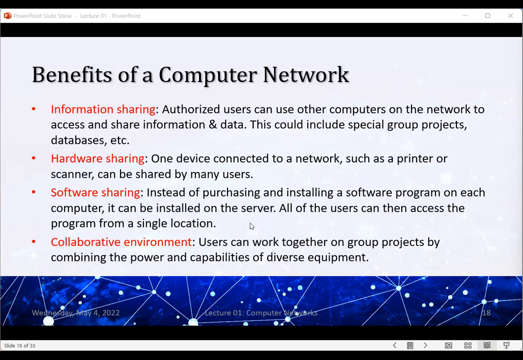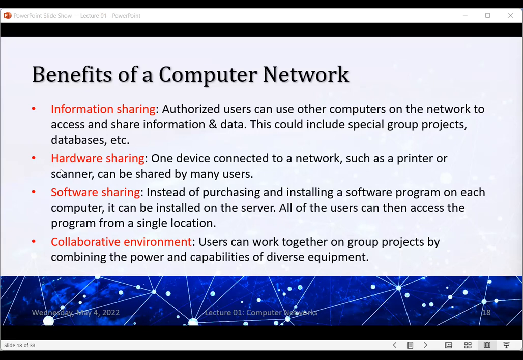That means in a computer network, authorized users can share information with the others. It may be sharing databases, it may be sharing files. Only authorized people can share the information, right?